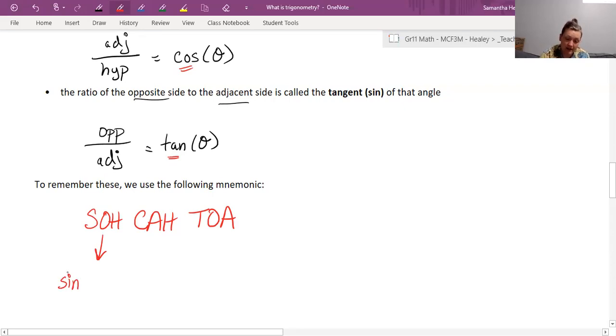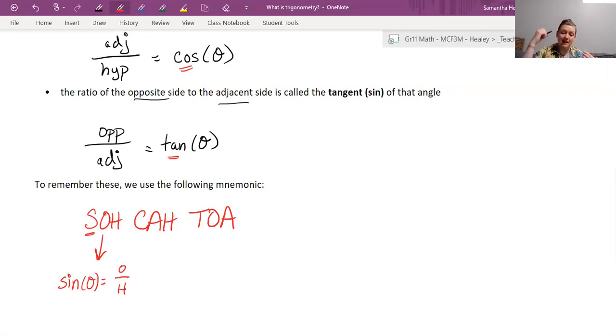The S is for sine, of a specific angle equals the opposite over the hypotenuse. So that's the sine of a specific angle: the name for the ratio when you take its opposite side and divide it by its hypotenuse side.